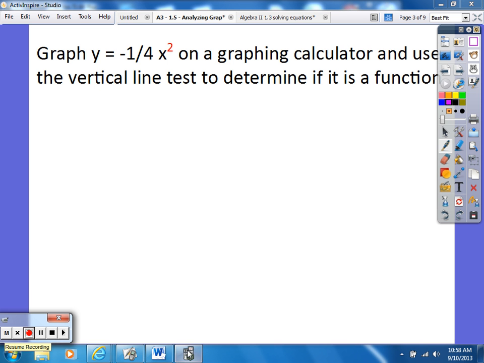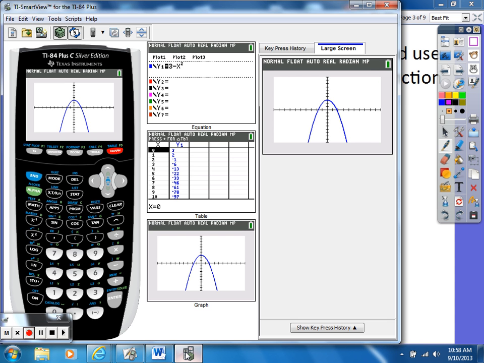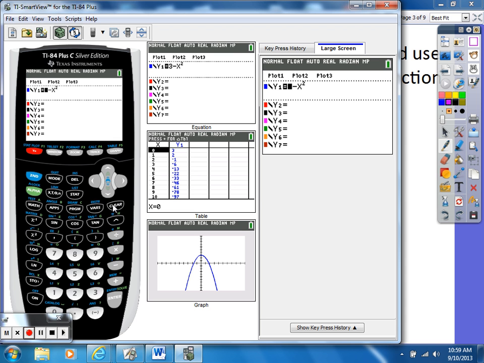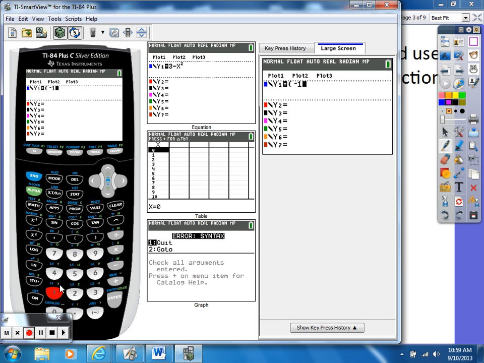So I want to graph this. I'm going to take my calculator, and there's a couple key things I need to worry about when graphing this. The first key thing is I need to put parentheses around the -1/4. If I forget to do that, then the whole problem will be messed up. The other thing is that negative sign needs to be inside the parentheses. So now I'll type the x squared and hit graph.